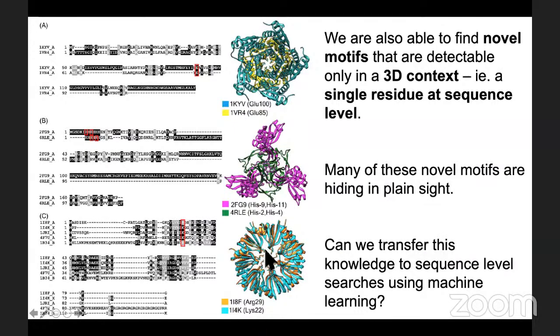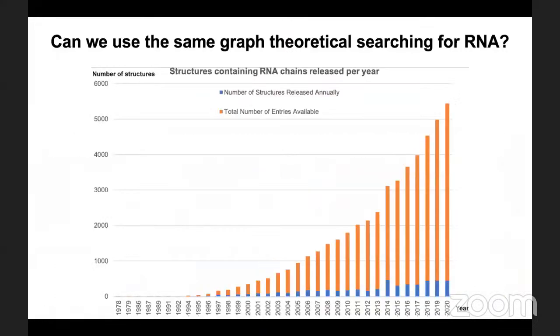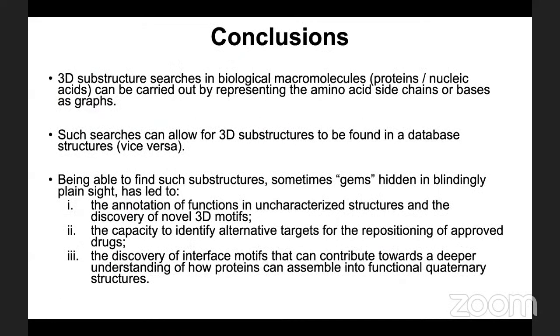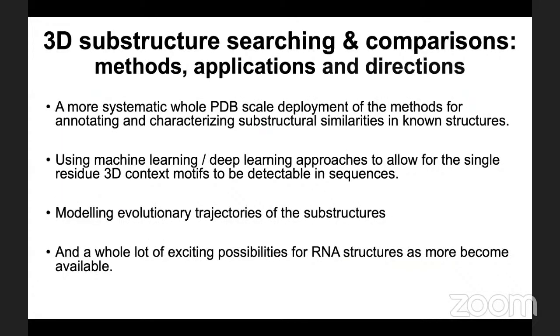And you can see that in some cases you've got arginine, but in other cases you've got lysines. So if we were able to model the evolutionary trajectory, or maybe a synthetic evolutionary trajectory, perhaps we will be able to come up with novel functions for some of those existing structures.